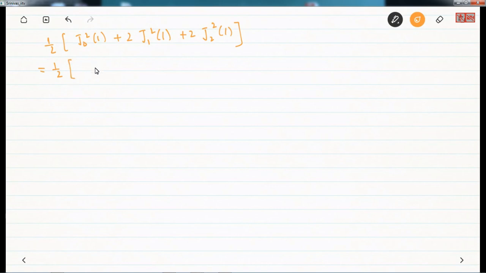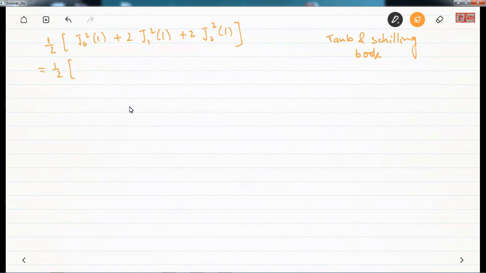So these Bessel function tables are available in textbooks. Say, for example, I am taking this example from Taub and Schilling. You find this example in the Taub and Schilling book, or you can generate it using MATLAB as well.